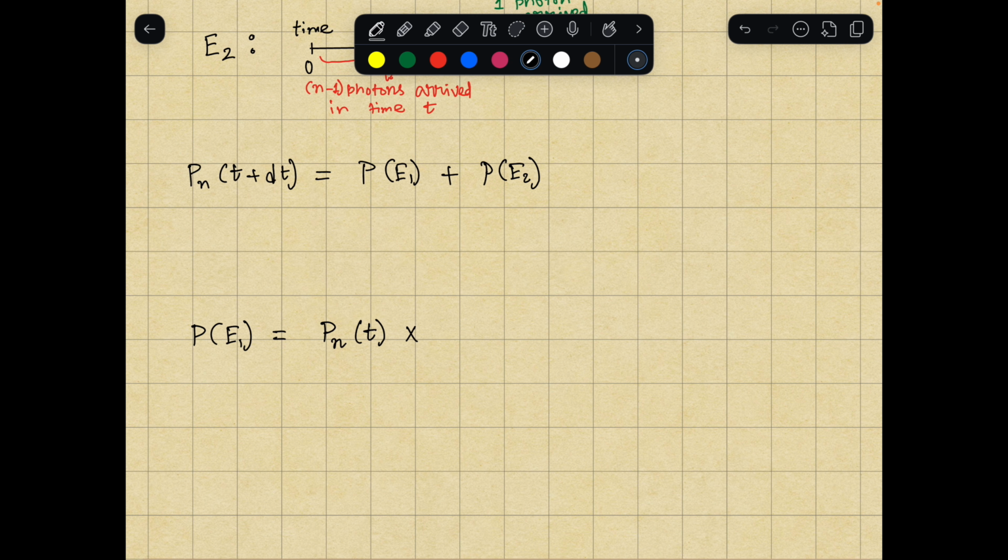So we introduce a parameter lambda. Lambda is defined as the probability of a click in the detector per unit time.